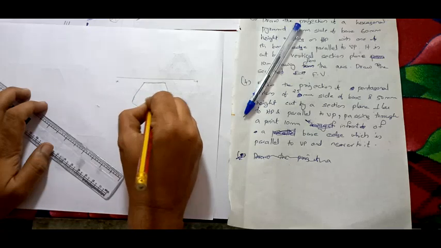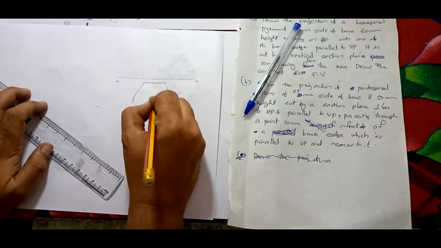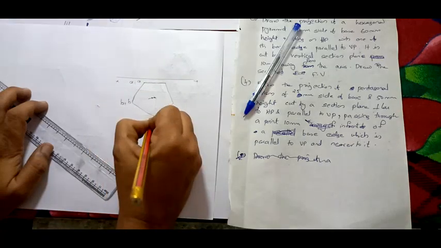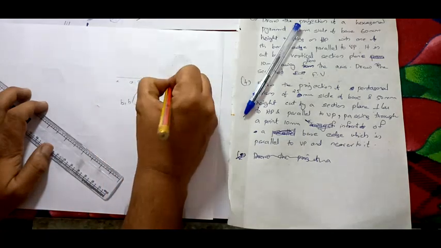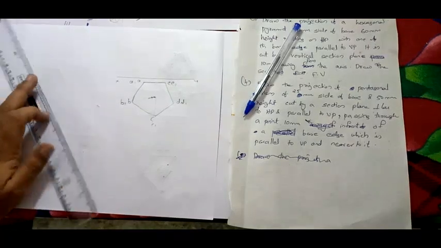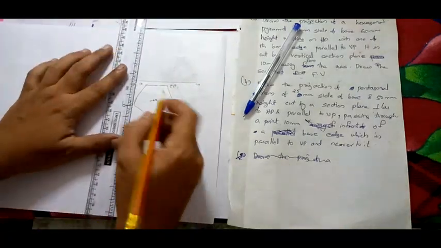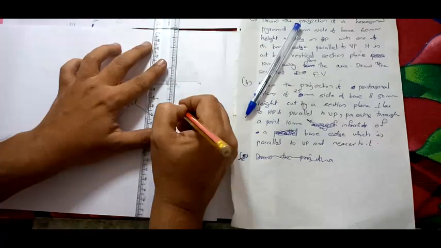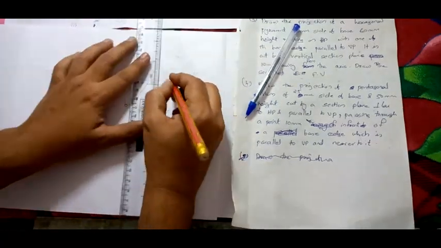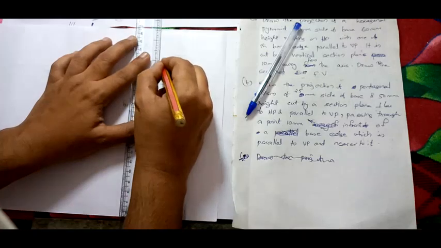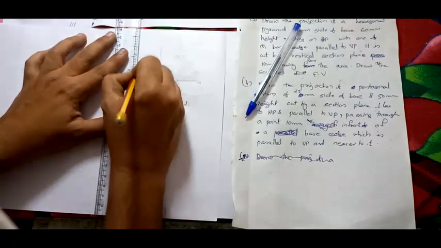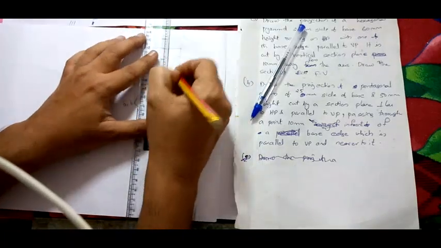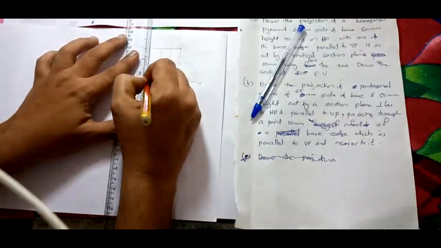Lightly find just the center only. Now A1, B1, C1, D1, E1 prism, right? So project it, axis will be here, height is given, complete this. This you already know, that's why I am going quickly. This prism you can draw, right?